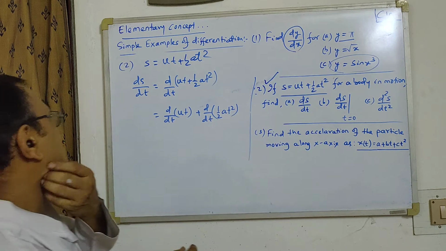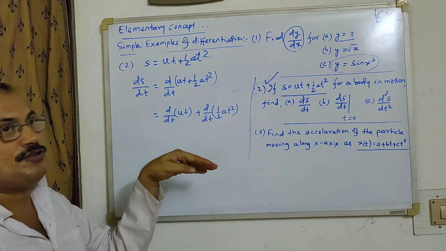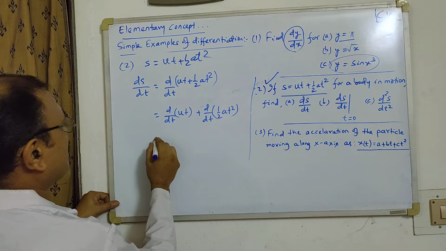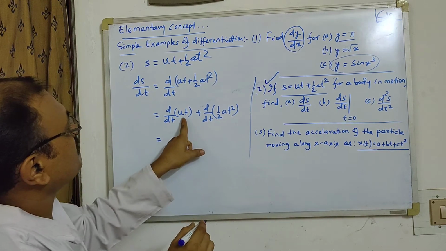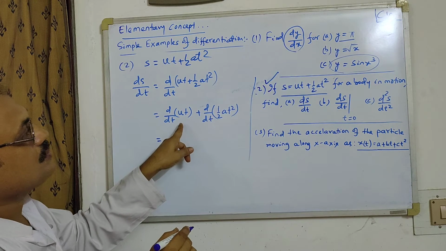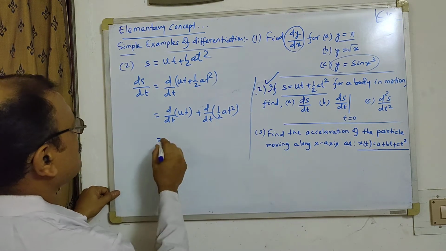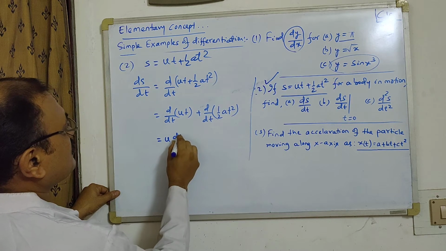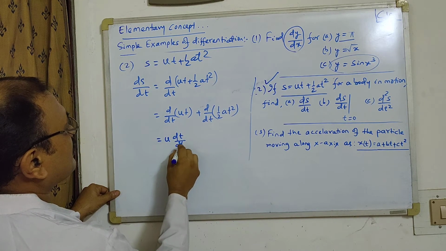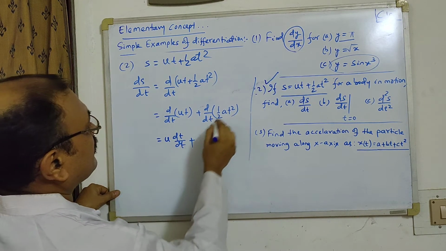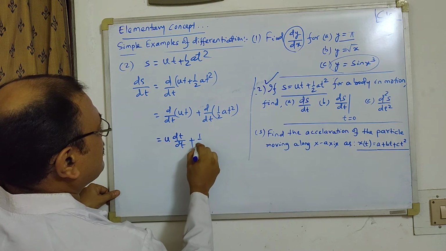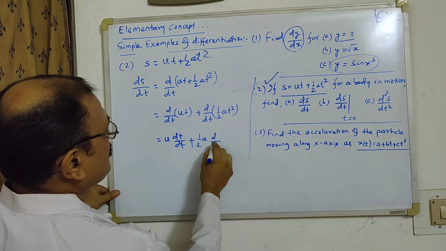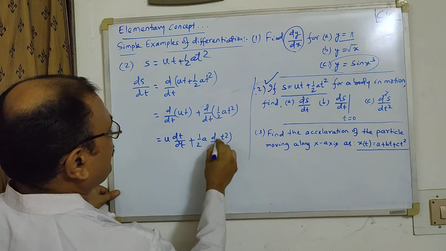Recalling the formula, that is d by dt of u plus v plus omega, like that we have separated it. Now here u being independent of time, u doesn't have any variations with respect to time, so I take it outside. So u into dt by dt being 1, and here half a being constant, I take it outside, so d by dt of t square.